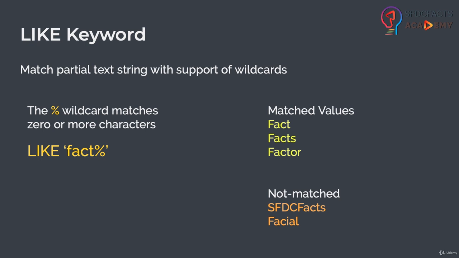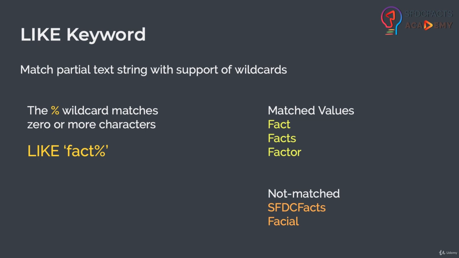So let's say if you write LIKE fact percent, then it's going to match all the possible values which are starting with fact. So it should have the word fact in it, and then you can have any number of characters after fact, from 0 to more characters. So it's going to match with fact where there is no character after the T character.